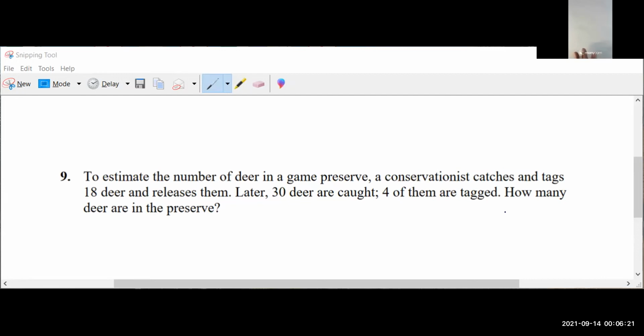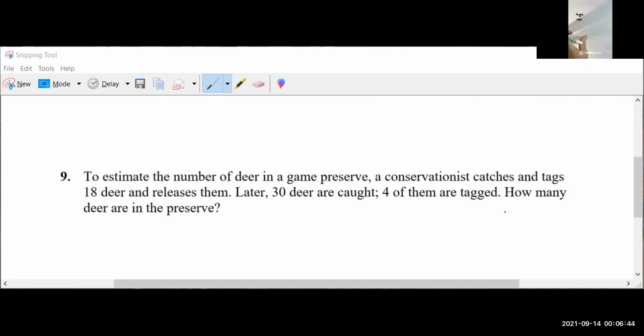How many deer are in the preserve? Okay, so what we have here is we are comparing two variables. So we have the tagged deer versus the normal or total deer, right? Population.